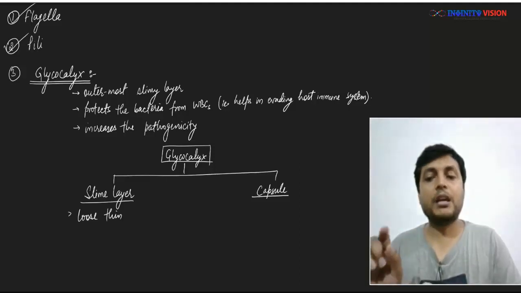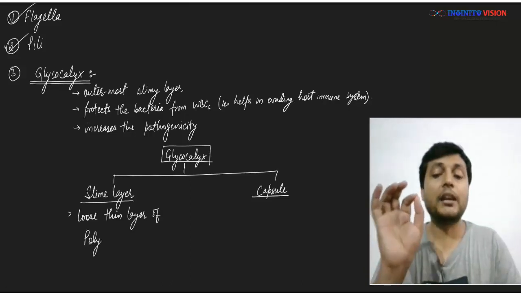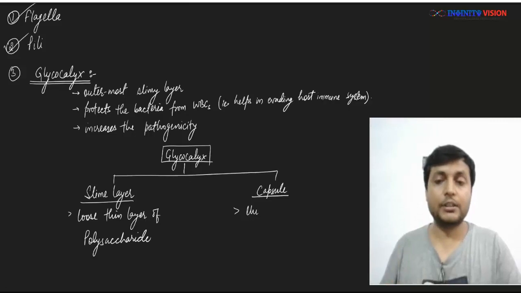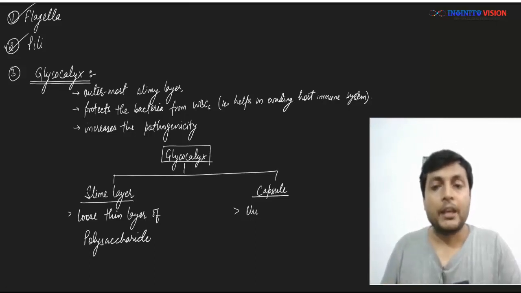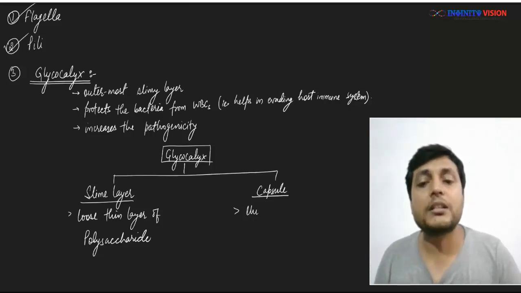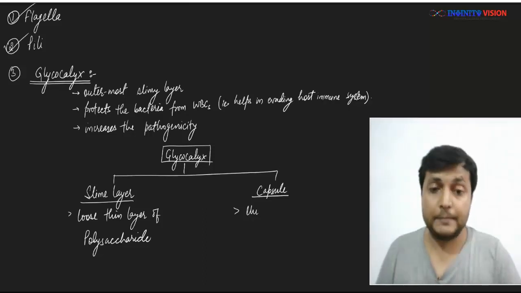In case of slime layer, it is a loose thin layer of polysaccharide only. याद रखिएगा, only. So if as a glycocalyx there is a loose thin layer of polysaccharide only, we call such glycocalyx slime layer.